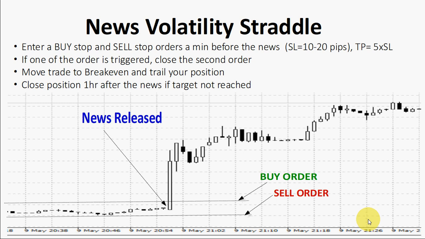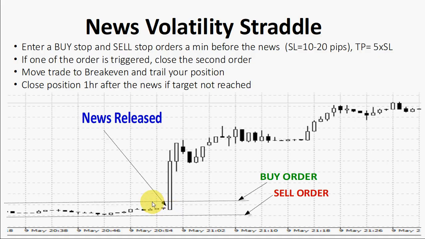Okay, this you have to take action before the news. Just 1 minute before the news, you enter a buy stop and sell stop orders into the system at predetermined points above and below the current price.